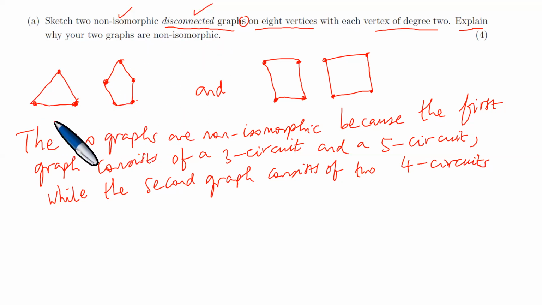They are one graph, but disconnected because there's no edge that connects the two subgraphs. The same applies to these two graphs here, which are in each case disconnected.